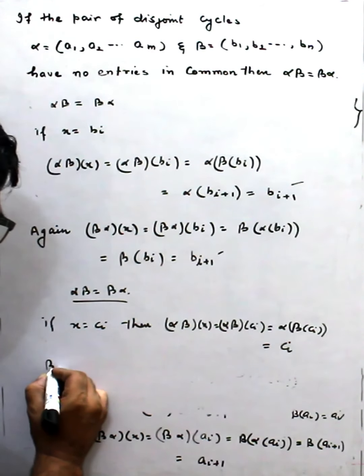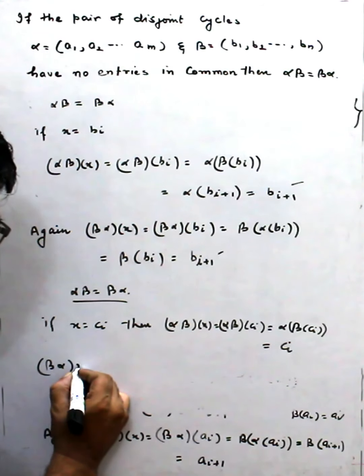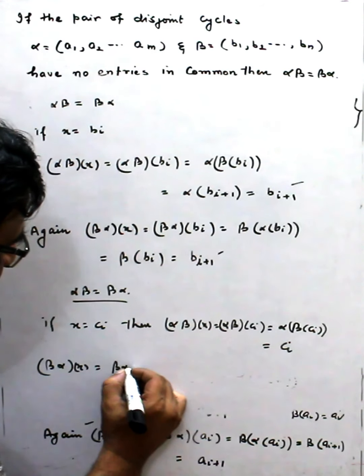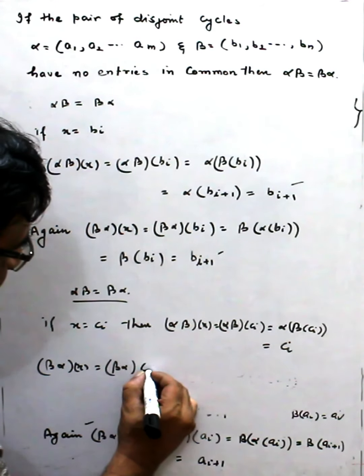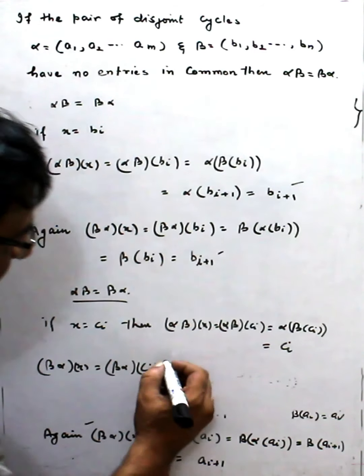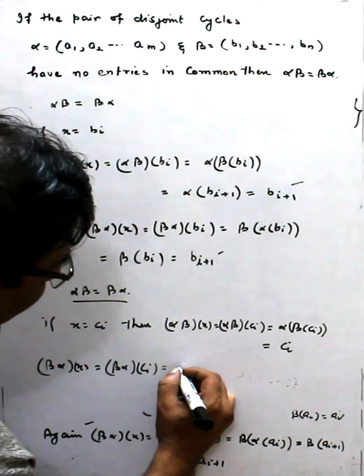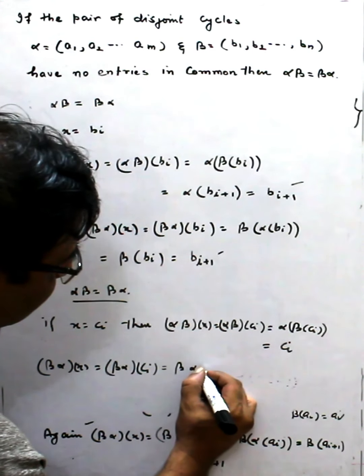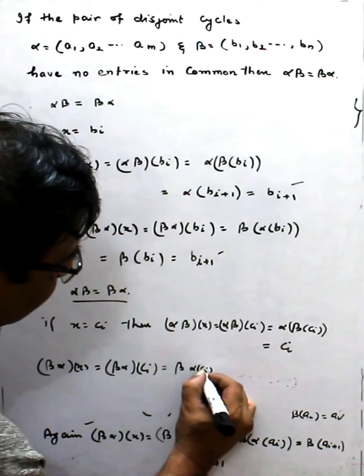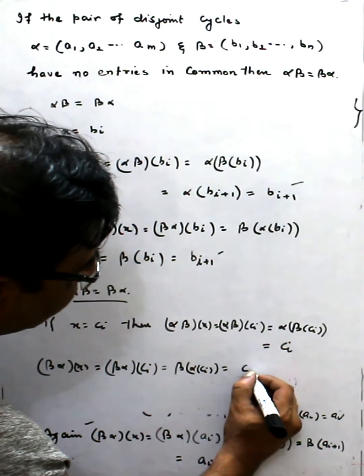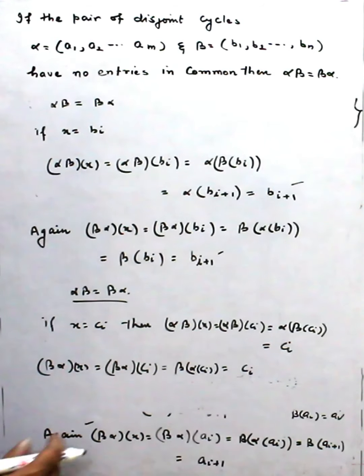Similarly, beta alpha x is beta alpha Ci, and alpha and beta both fix Ci, so after calculation we again get Ci.